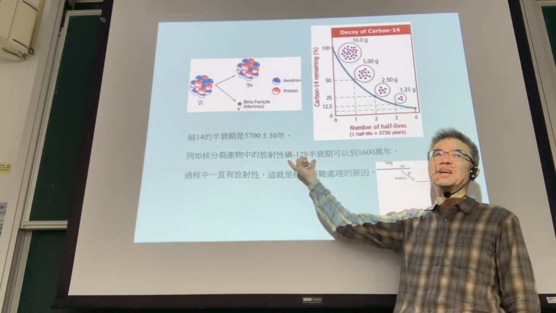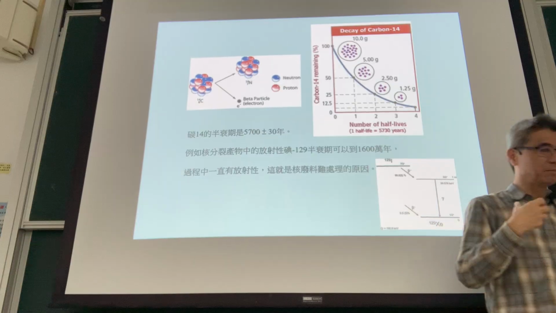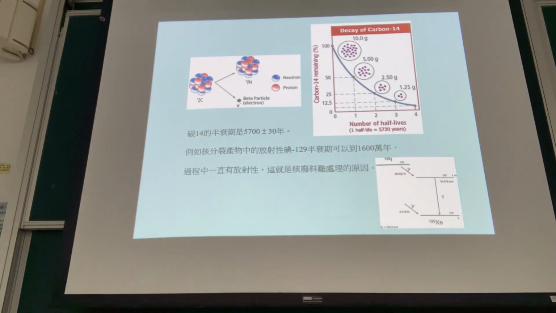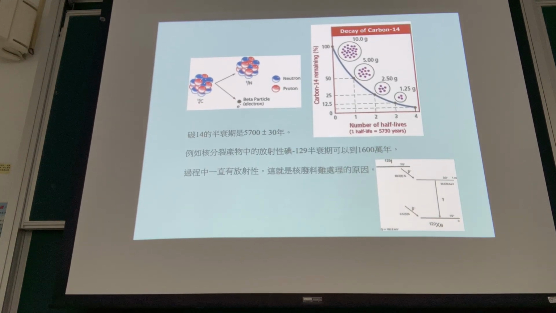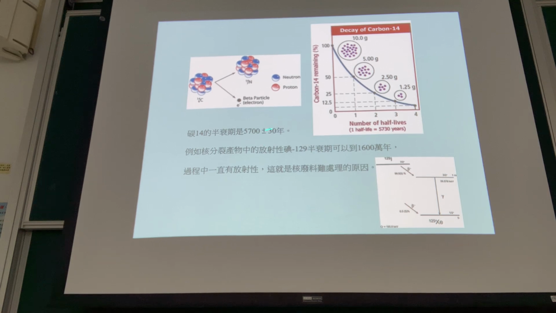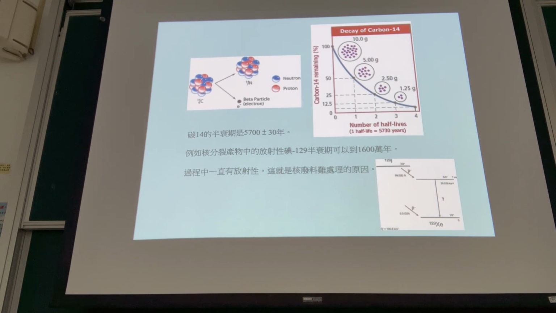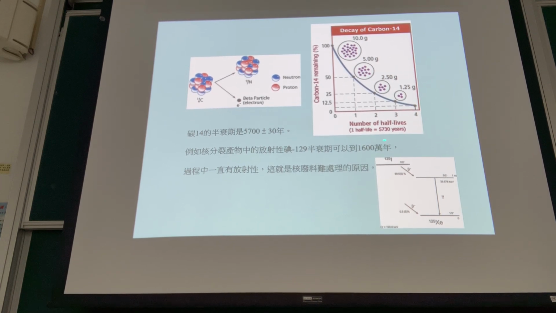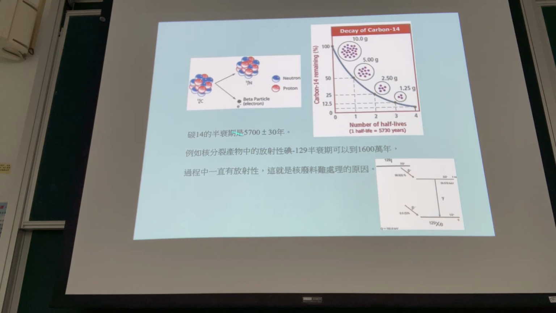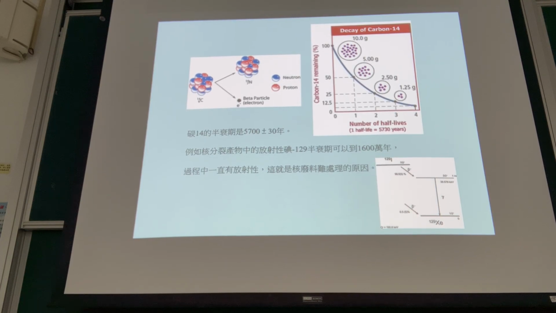That's a typical way for us to prevent damage to our body from a nuclear disaster. Okay, that's the stuff. So in the process of 16 million years, the radioactivity is always there.